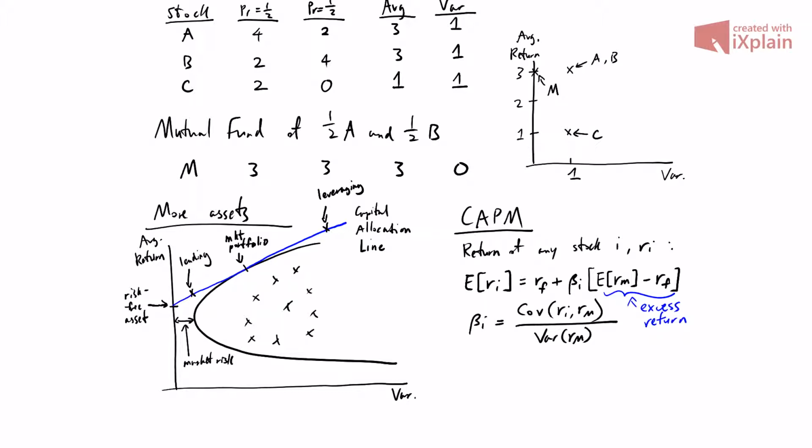What this model has in mind is that you're not paid for any risk you can avoid in the market. You only get paid for risk that you cannot avoid, namely the market risk. You are paid more when the stock you hold is more correlated with the market risk, and you're paid less or even negative when it actually helps you avoid market risk. So that's the CAPM model. Everything depends on exposure to the market.